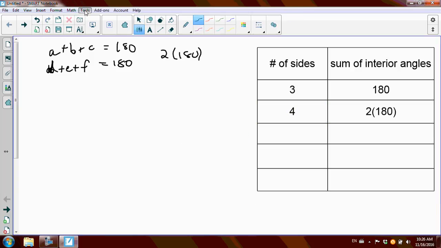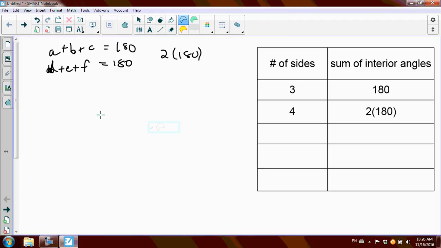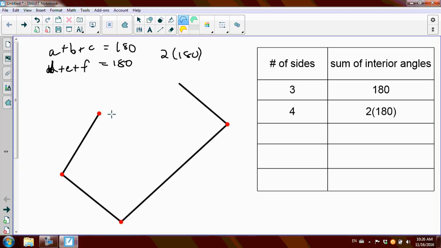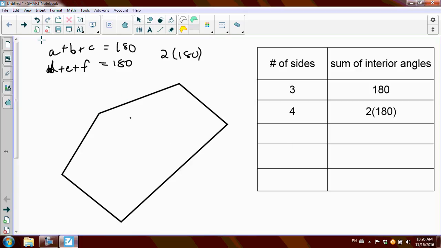Okay, let's make a pentagon now. 1, 2, 3, 4, 5. All right, now I'm going to once again put some diagonals in here, from one vertex. I'm going to pick this vertex here.